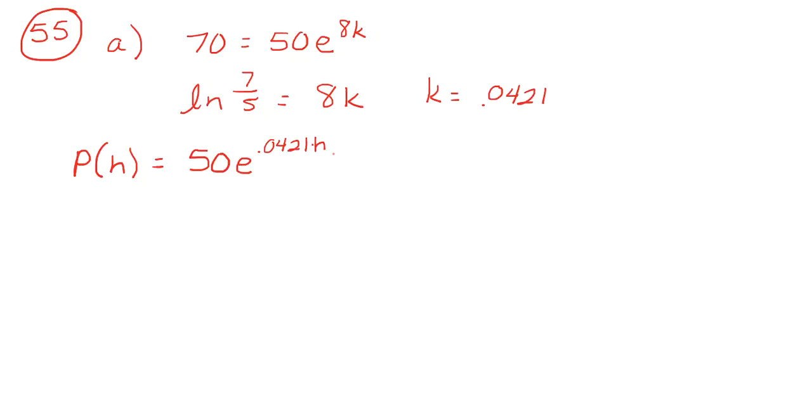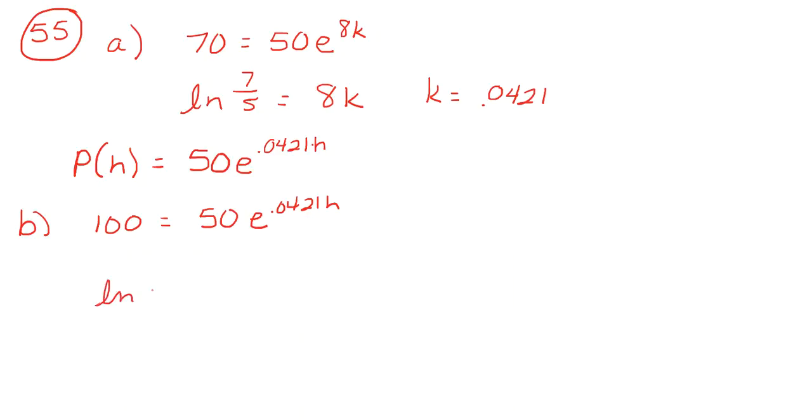And now we can use this formula for part B when they want us to find out how long it will take the culture to reach 100. So that's your ending value. So for part B, we put in the 100 and then use the rest of the formula. And again, divide both sides by 50 and then take the natural log of both sides.